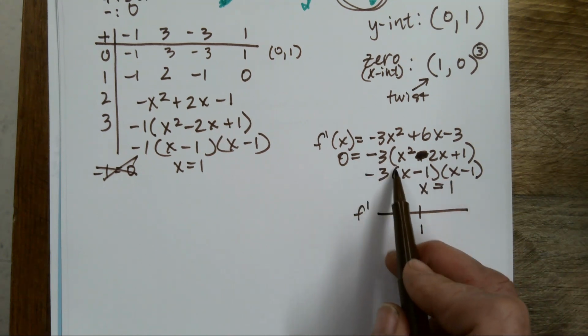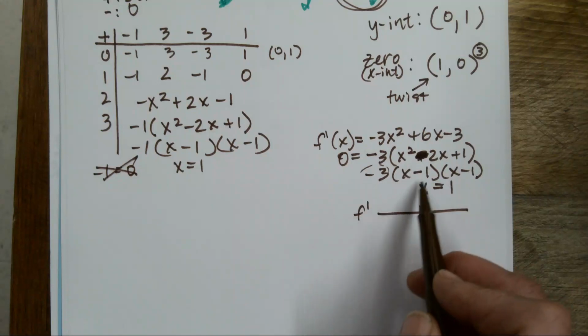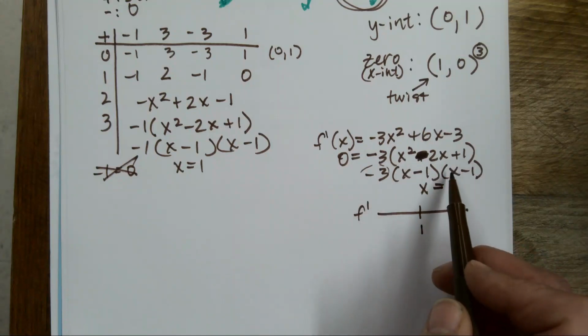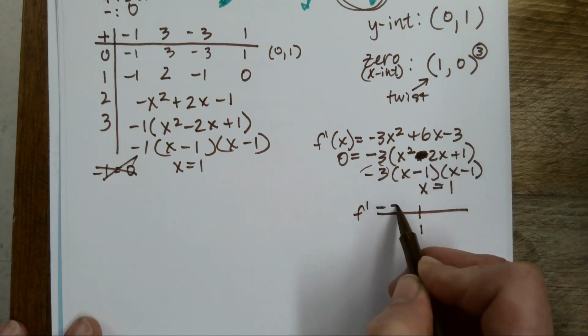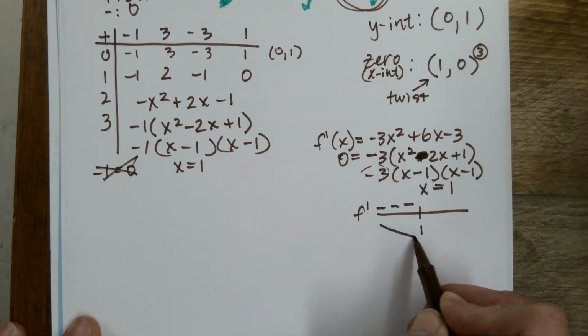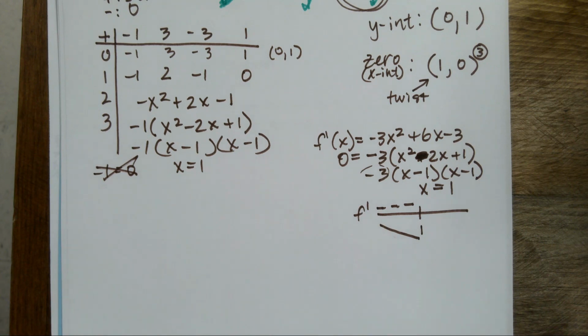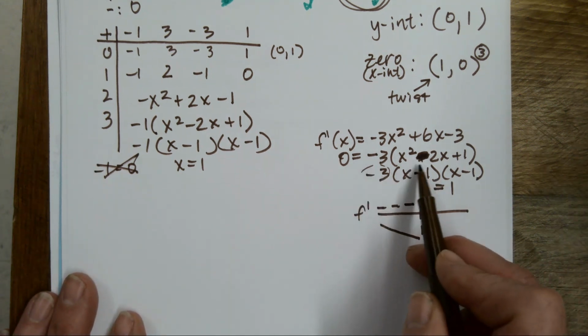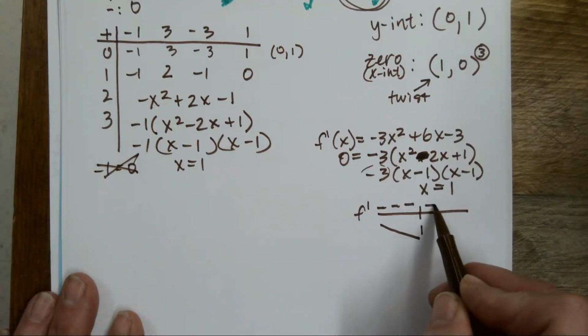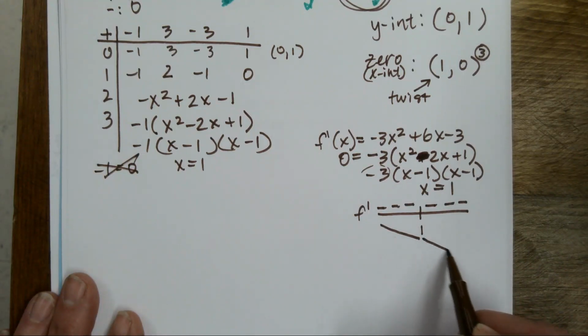And so that's a negative, and a negative. The negative 3, the negative 1, the negative 1, that's a negative region. That means my graph is decreasing. Then I'll plug in something like 2. That's negative 3, 1, and 1. Also a negative. My graph is decreasing again.